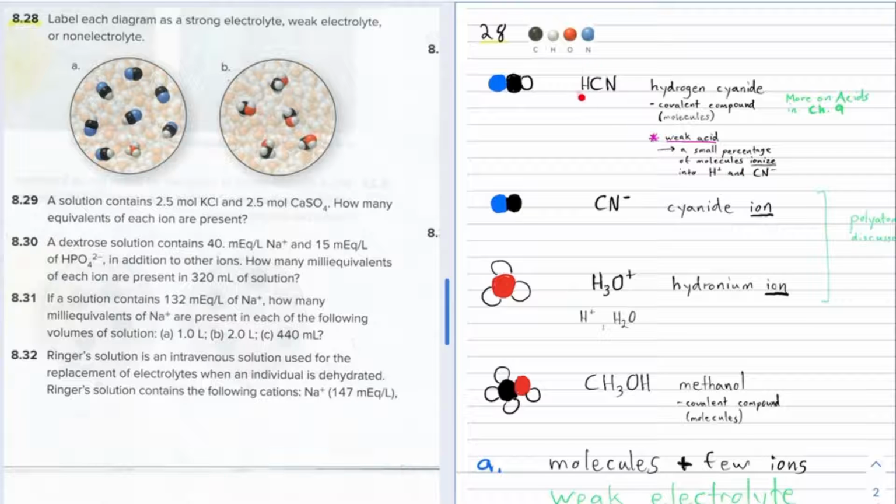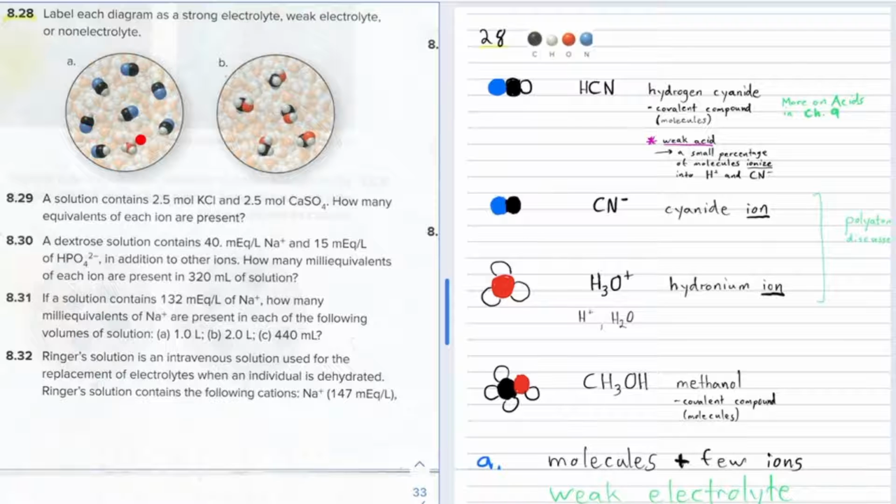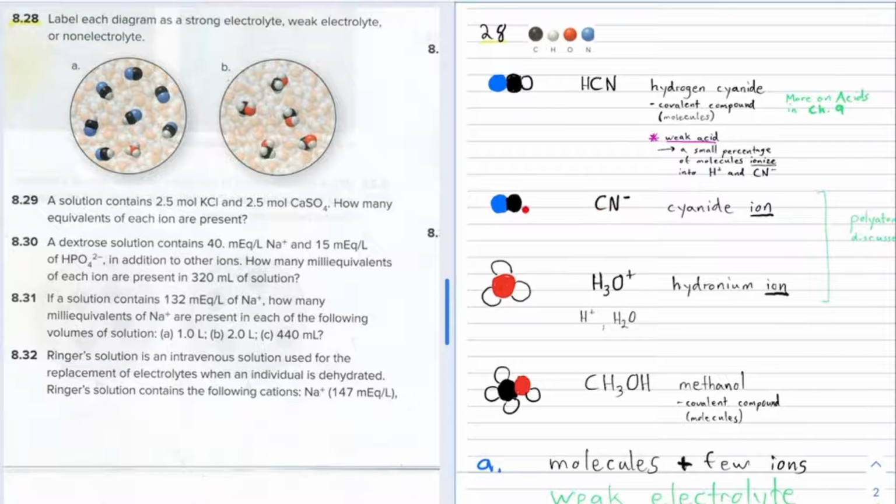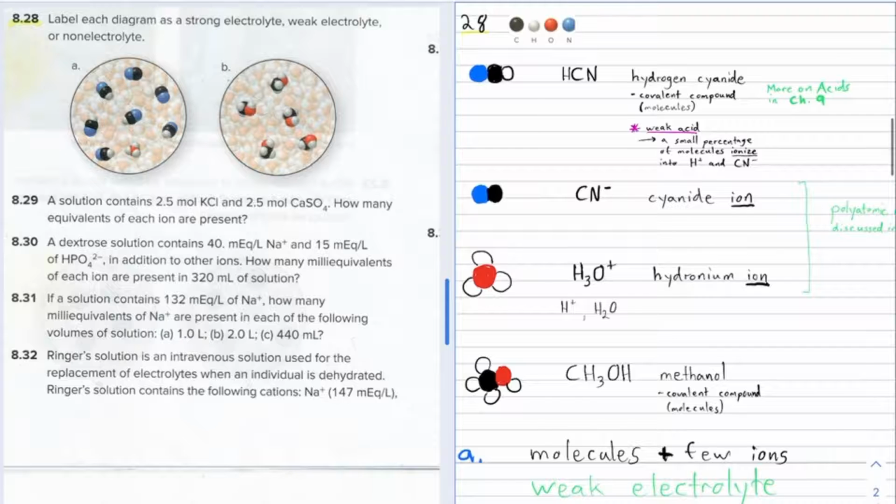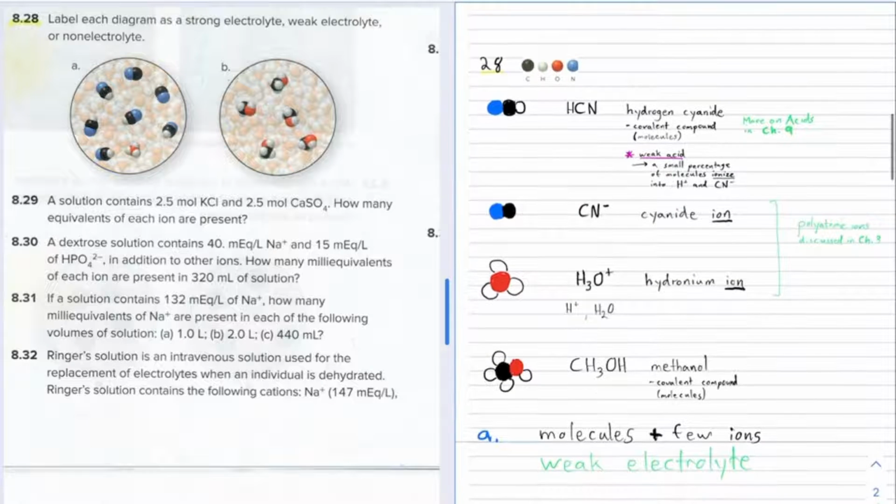So weak acids do this, and if you look carefully over here in diagram A, you can see right here one of these carbon nitrogens. That's a CN-. That's called a cyanide ion, and this is a polyatomic ion.